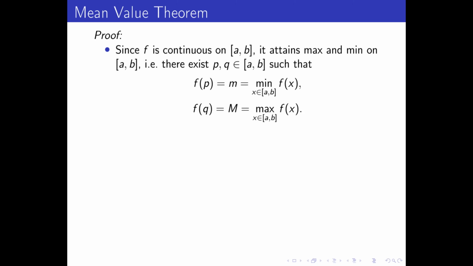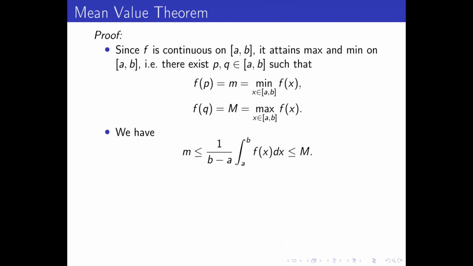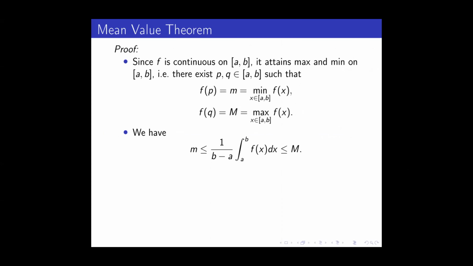And if you look at the definition of the integrals, then this is one of the inequalities that we had last time. This is a consequence of the fact that if you have two functions, f less than g, then the integral of f is less than the integral of g. So here you take g to be this constant.